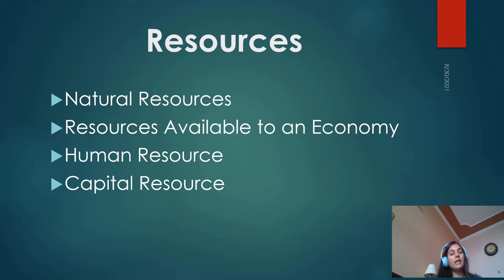The third is human resources: all the skill level, the talent, the knowledge of an economy. The fourth is capital resources. All the resources that we make to produce other useful products or services are capital resources, like the buildings, machinery, bridges, and roads.